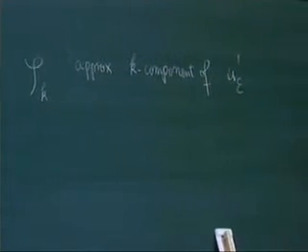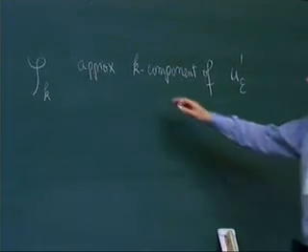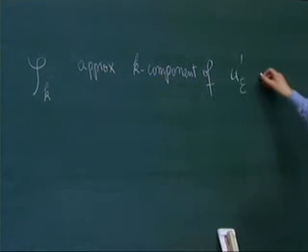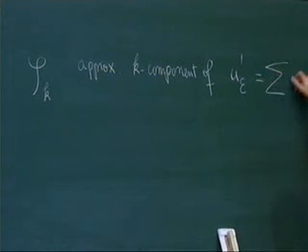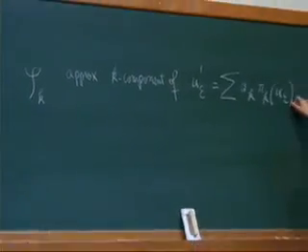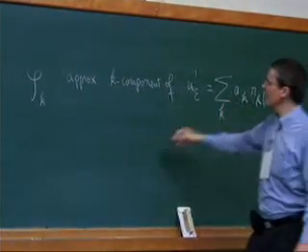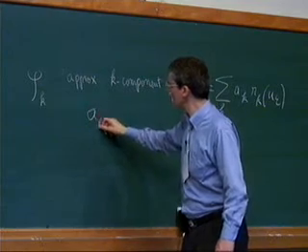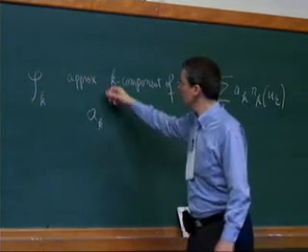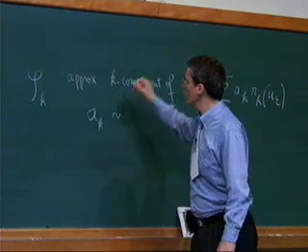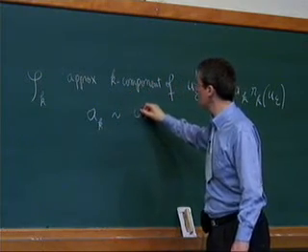So take your solution, differentiate it, and make a decomposition of that on some basis of eigenvectors that depends on your solution, and then take these coefficients ak and approximate them by essentially these functions phi k.